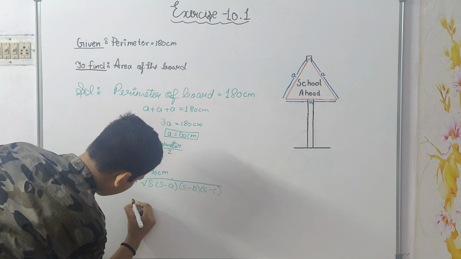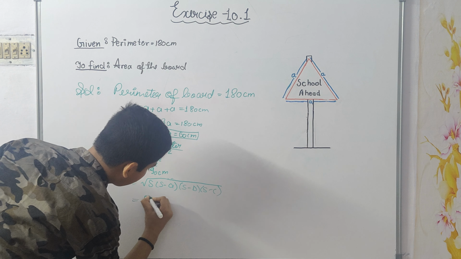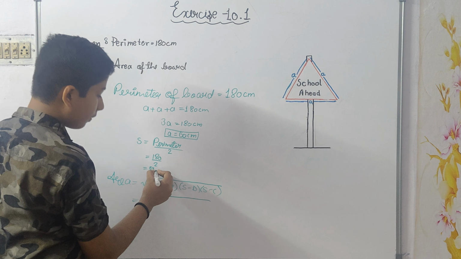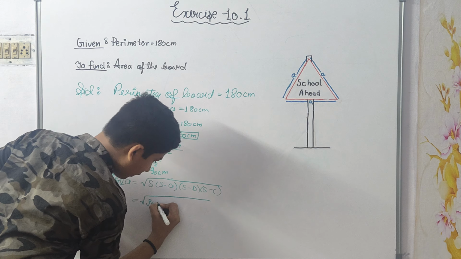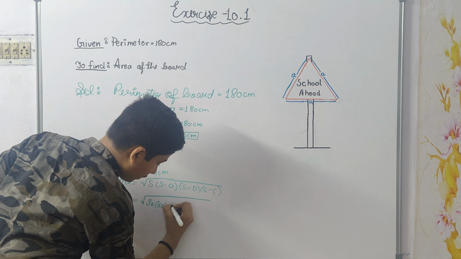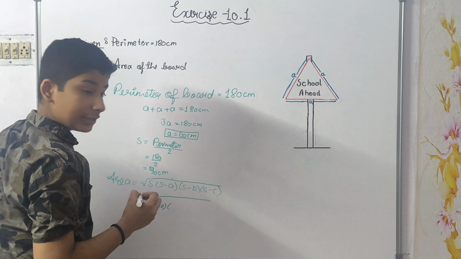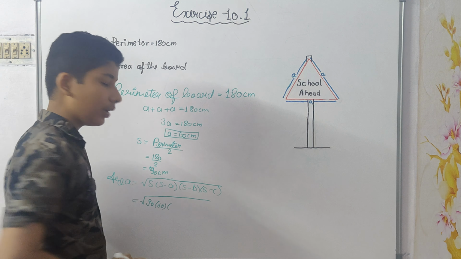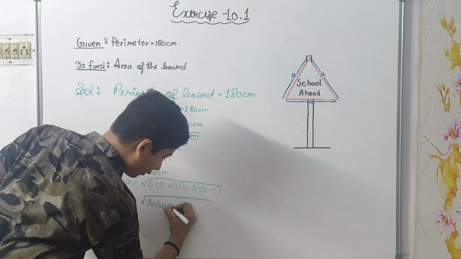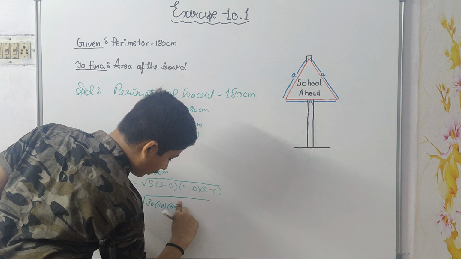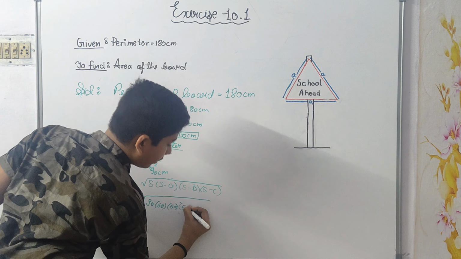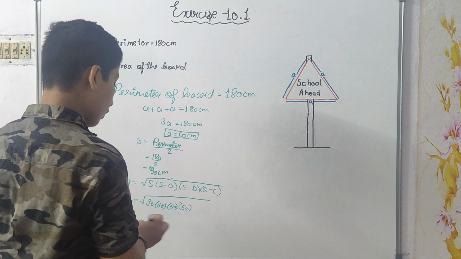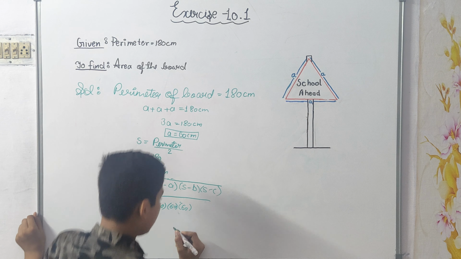So S equals 90, and S minus A means 90 minus 60, into 60, and since all these sides are equal to each other, each being A, we get 60 into 60 into 60 into 90.